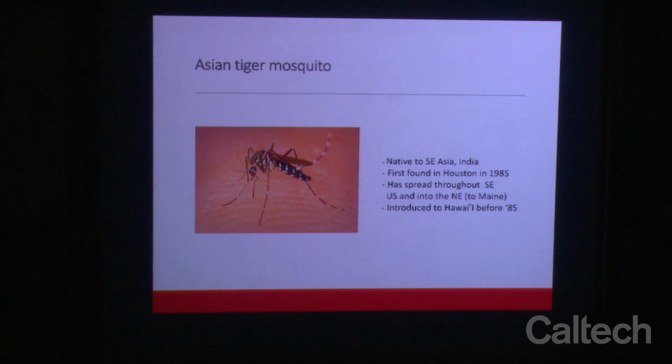Let me give you an example of how this works in terms of thinking about some of these questions regarding transfer of models from one spot to another. And this is kind of a classic example, and it's one that I think is elucidative of the challenge here. This is an example using the Asian tiger mosquito. This is native to Southeast Asia and India, and it's spread throughout the US over the last 30, 35 years.